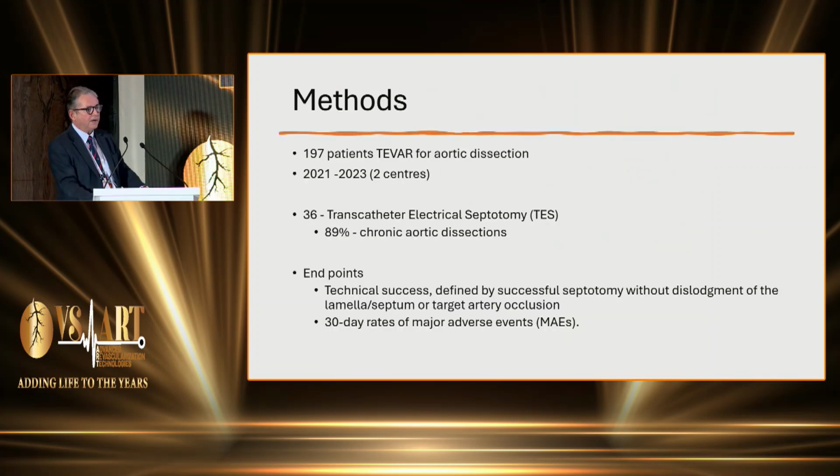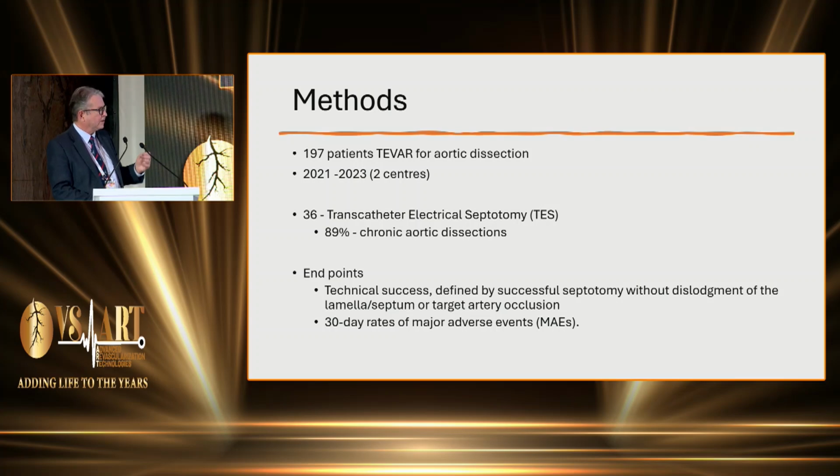And they describe 197 patients in which they've performed this procedure, but only 36 of them needed transcatheter electrical septotomy, and the majority of these were chronic dissections. As you can see below, they have had a few acute aortic dissections, but the results are less good.